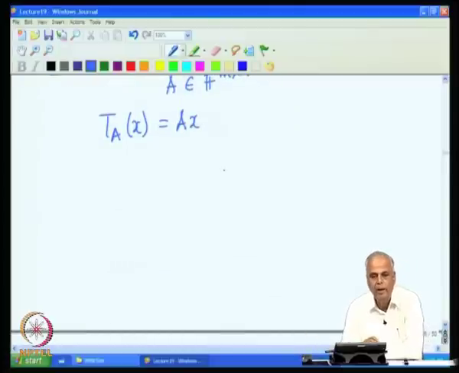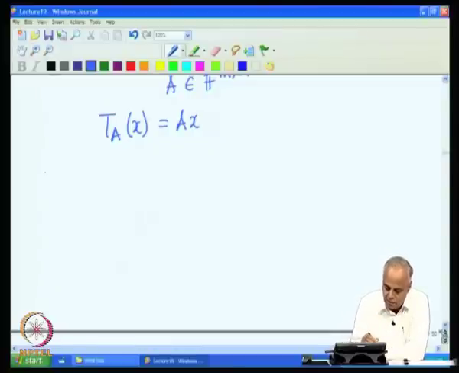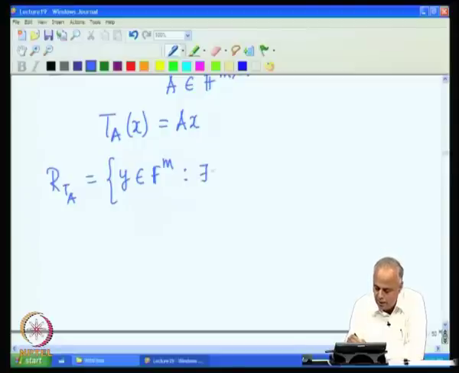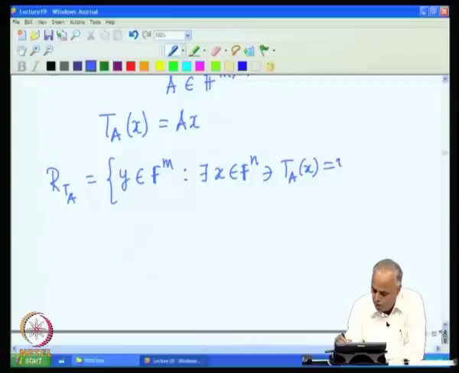Now, we want to find the range of T_A. What does the range of T_A mean? We want to know the vectors which are attained by the vectors x. So, we want to look at the range of T_A, the set of all y in F^m, that is W, such that there exists an x in V, which in this case is F^n, such that T_A x is equal to y.